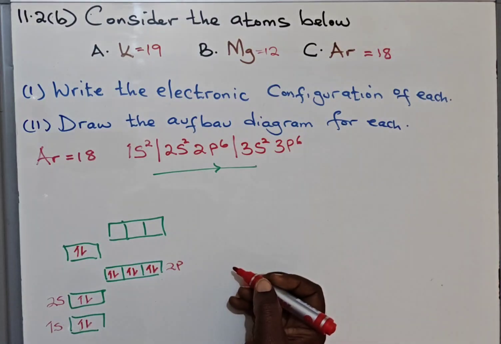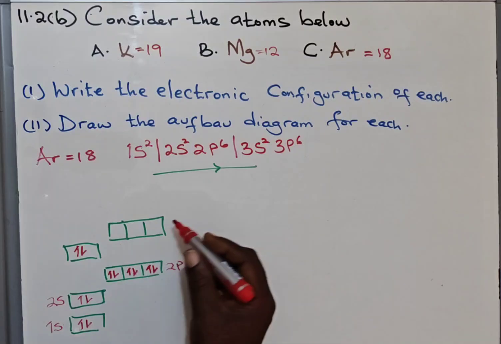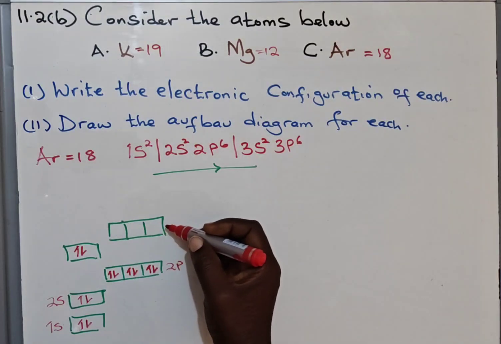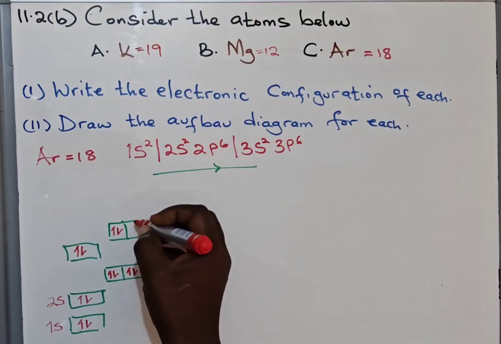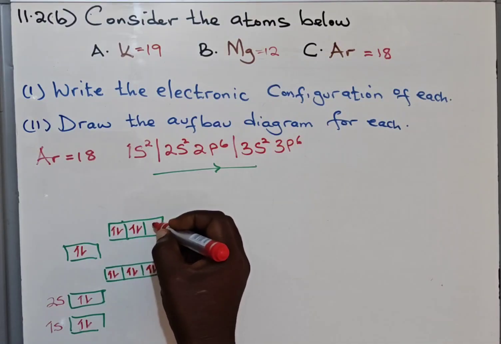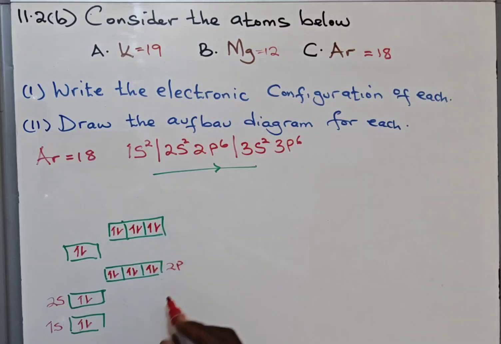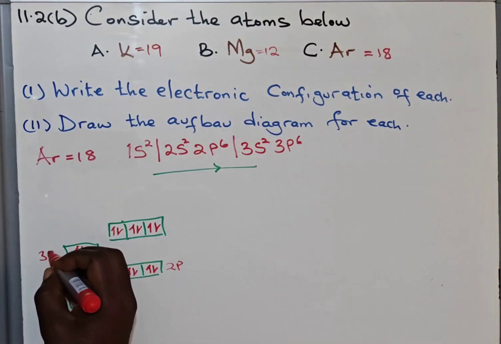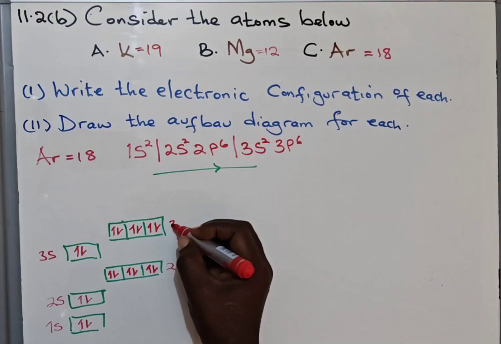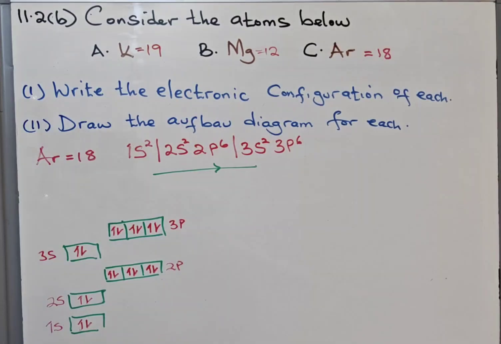Then we go to 3p. 3p has 3 subatomic orbitals, and each one takes up a maximum of 2. Yes, what you have here is 3s, and this is 3p. So what we have here is the Aufbau diagram for argon.